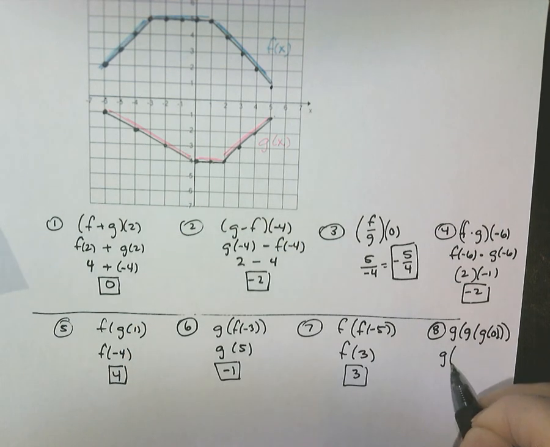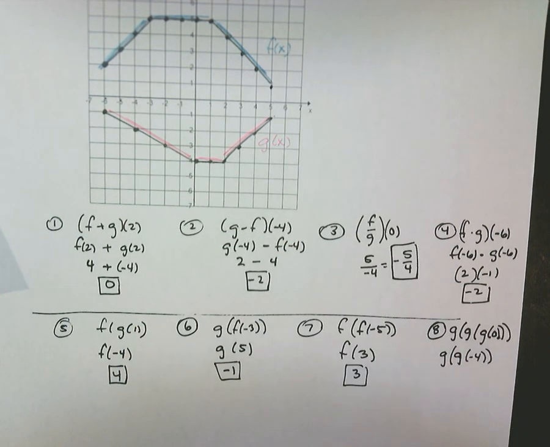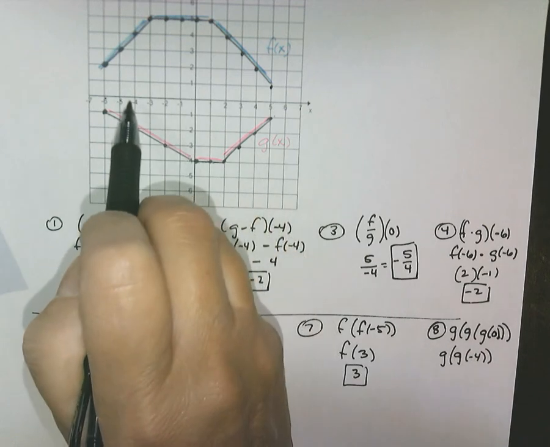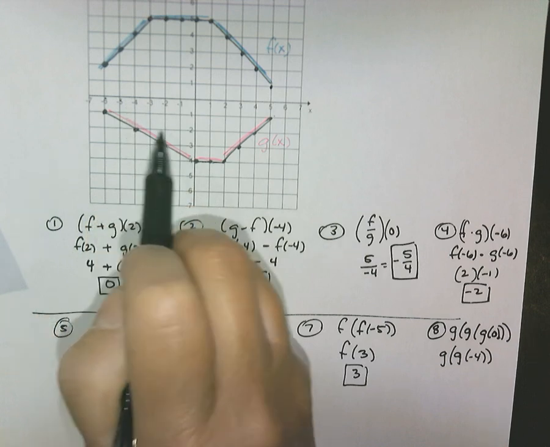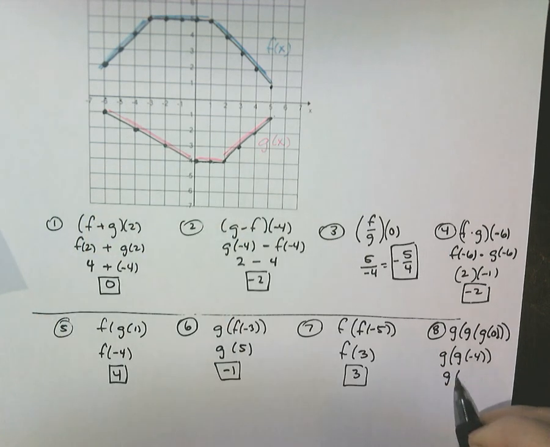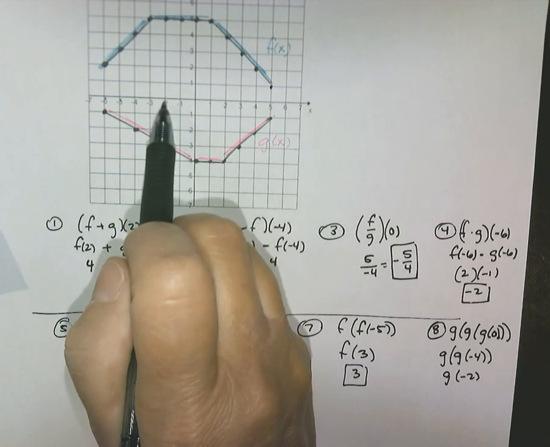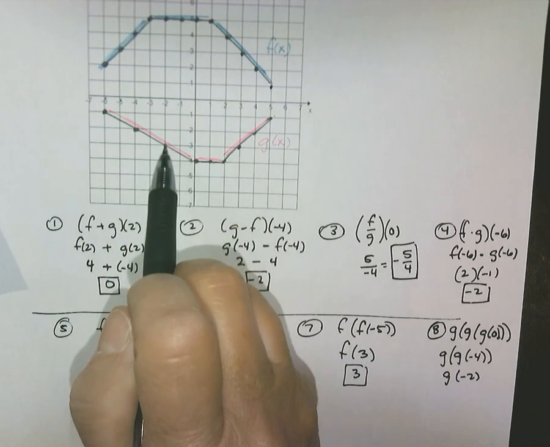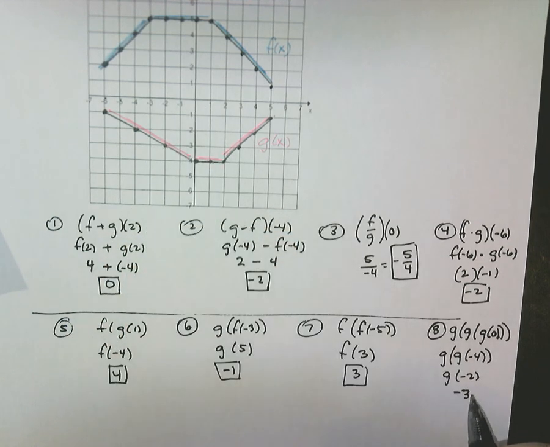So I want g of -4. Just whittle it away from inside out. G of -4. Here's -4. Go to the g. G of -4 is equal to -2. So I want g of -2. Then I go to the -2, going down to g again, and I get -3.